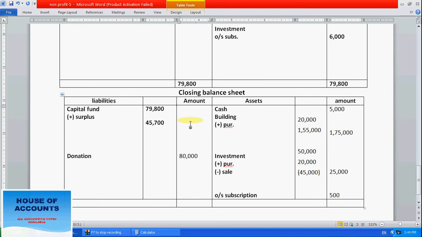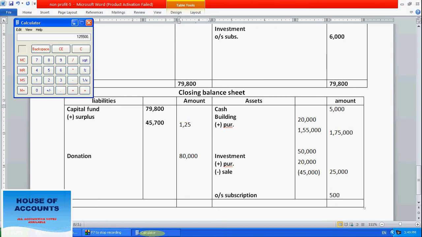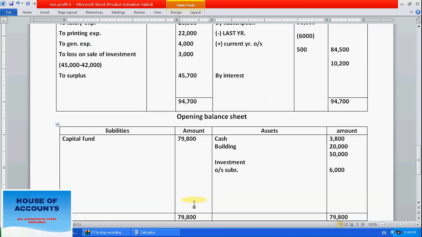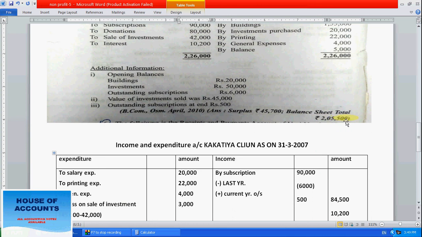So right here 1,25,500. So add this amount 80,000, 1 lakh, 2 lakh 5,500. So write 2 lakh 5,500. Let's see whether we are getting 2 lakh 5,500.